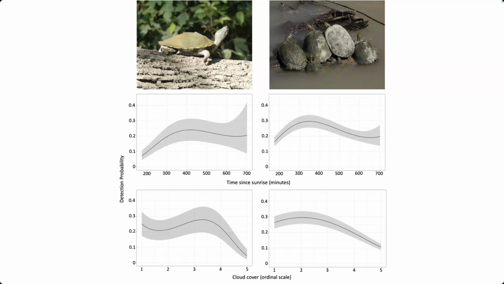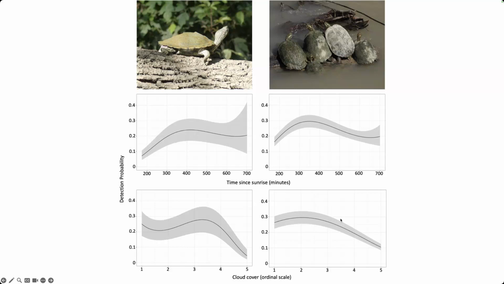As you can see here, activity for Cagle's map turtle peaked at about 400 minutes after sunrise, whereas for Texas river cooter, this was about 50 minutes, or about an hour earlier, which holds with our data. Also, we noticed peaks in activity at intermediate cloud cover, which was also important in explaining detection.